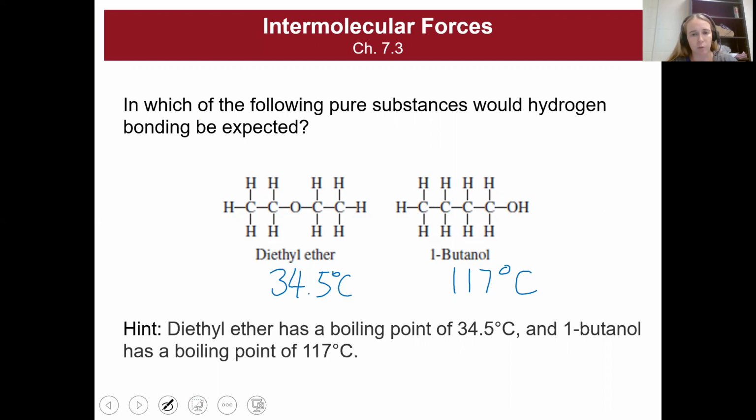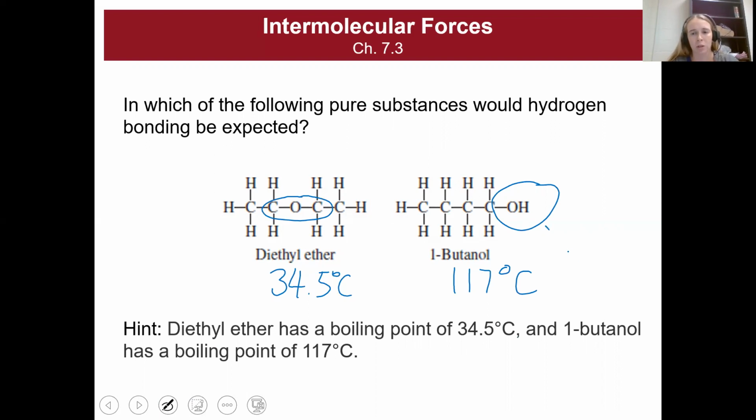Yeah, they have the same formula, but they have different bonds, different orientations of their atoms. So one of them can hydrogen bond, the other can't. This one has an OH bond. This one only has oxygen-carbon bonds. It doesn't have an OH bond.